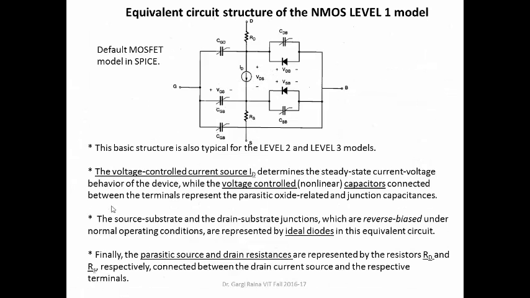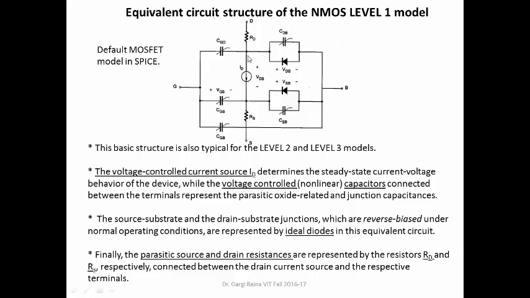So here we see a typical equivalent circuit structure for the NMOS level 1 model. This is the default MOSFET model used in SPICE. This basic structure is also employed for the level 2 and level 3 models.